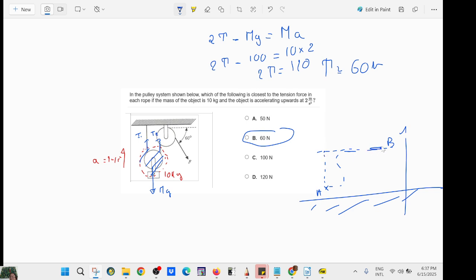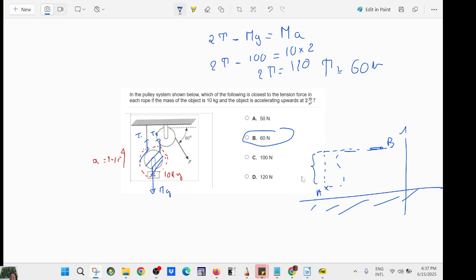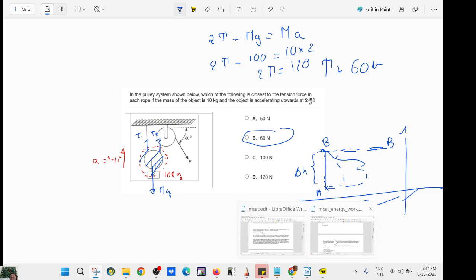The work done will be the same from A to B, because it depends only on the height. So the potential energy is just mg delta h. Doesn't matter how you go, or you can say B is here. Doesn't matter if you go this way or you go straight from A to B. So that's a conservative force.